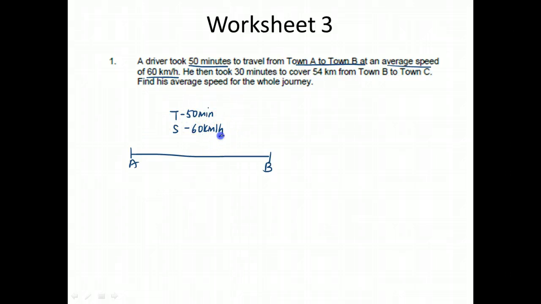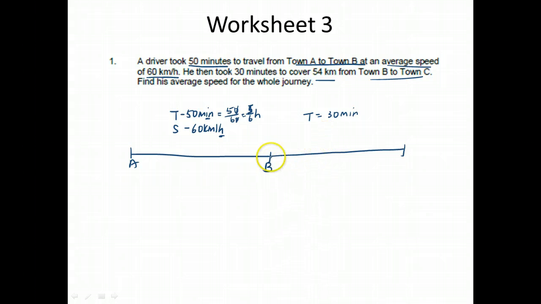So here, we realize that our time, the units is different. So we must change the minute to hour, which is 50 out of 60 is 5/6 hour. He then took 30 minutes to cover 54 kilometers from town B to town C. So from town B to town C, the time he took is 30 minutes.